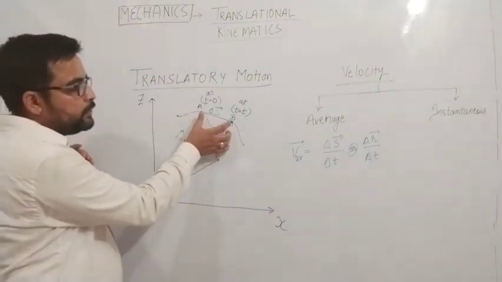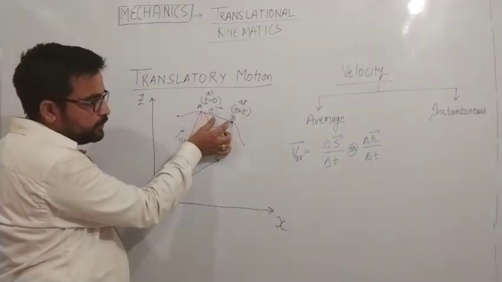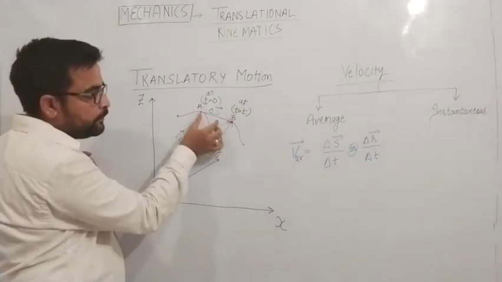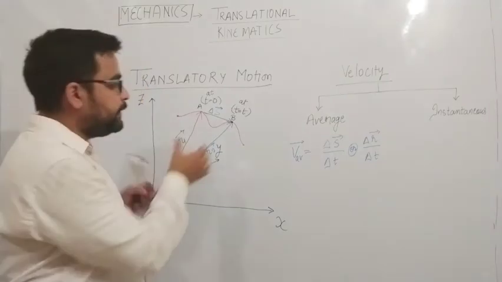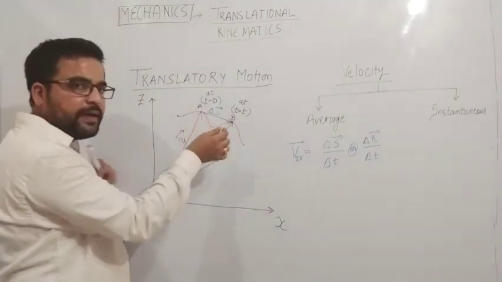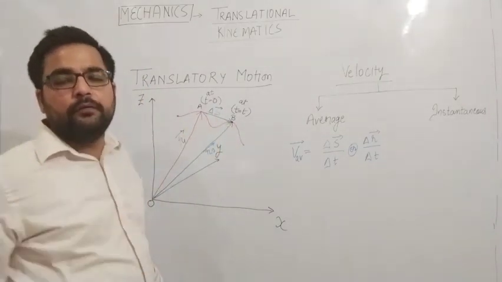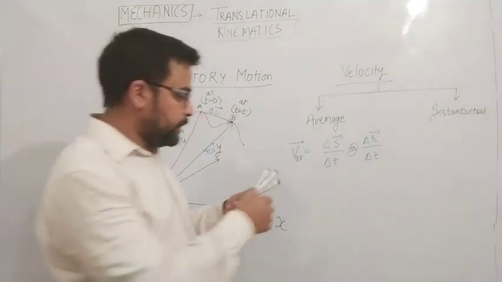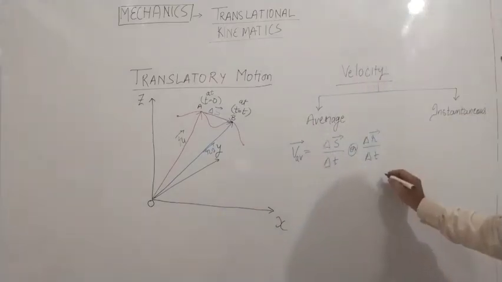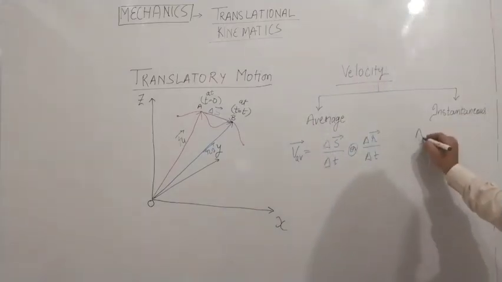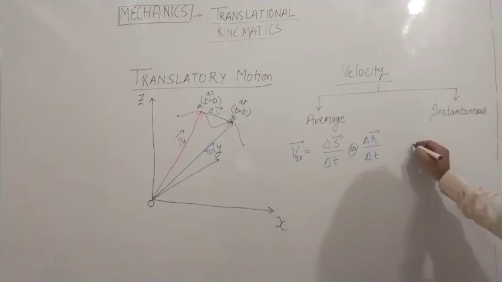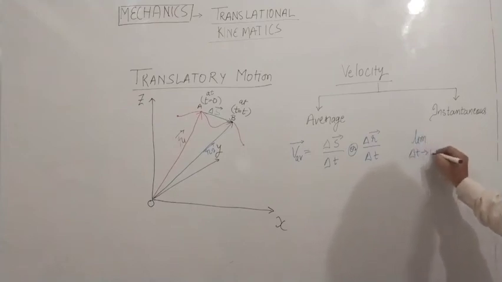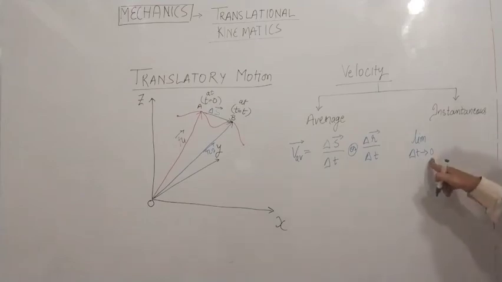Now if I am going to reduce it, this time interval I am reducing it to an infinitesimally small value, that is, it is approaching 0. I am putting limits over delta t, the time interval, that time interval is approaching 0, right?